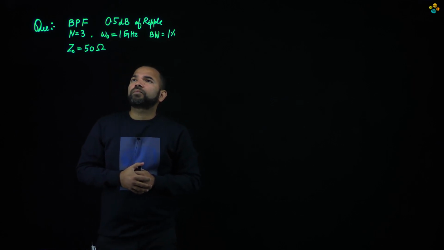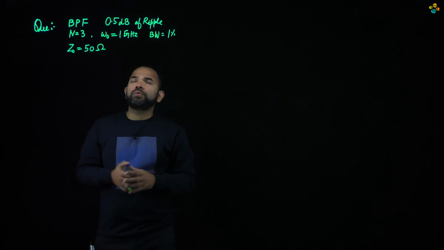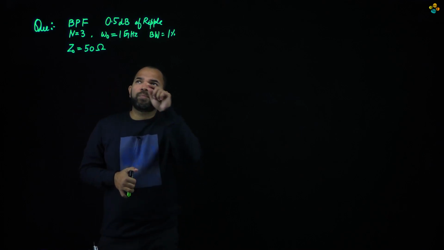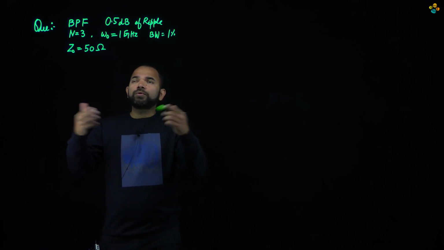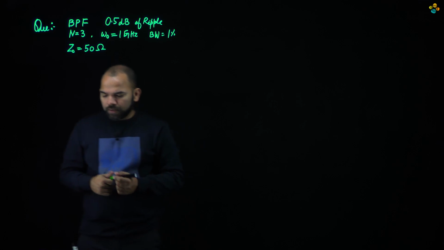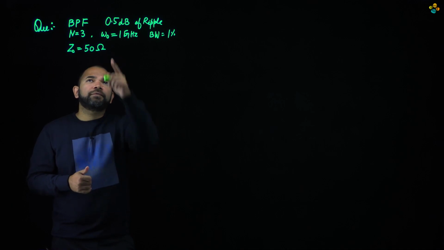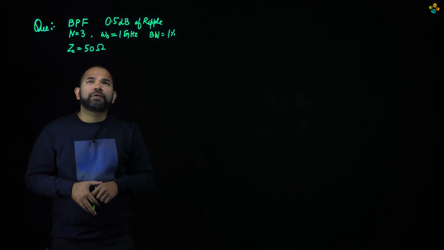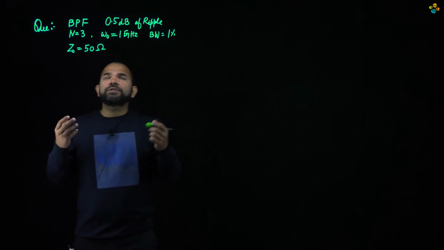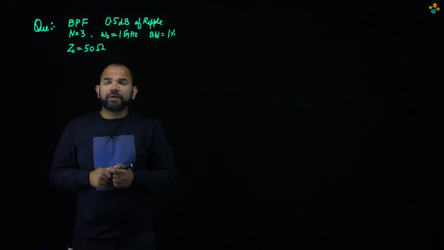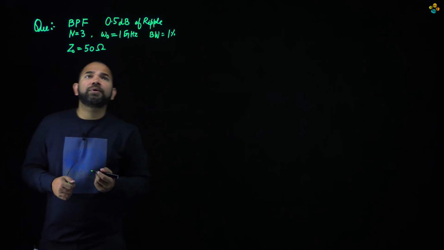In one of the previous design examples, we have shown how for particular ripple factors in a pass band we can get the G parameters, or those G parameters can also be directly taken from the tables provided in Pozar for different ripple factors like 0.5 dB or 3 dB. So in order to start with this problem, we are taking those G parameters from the table.